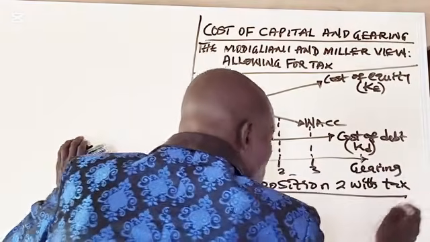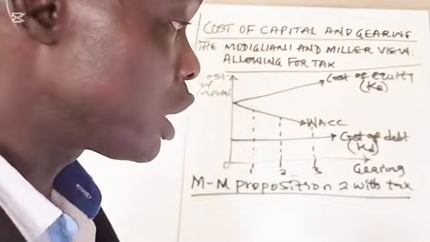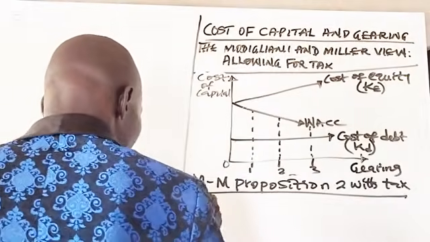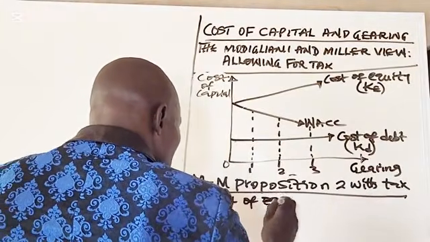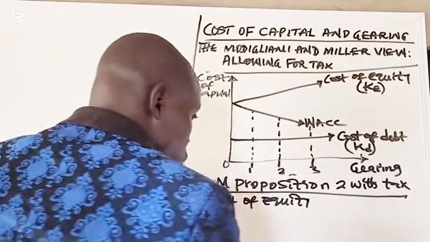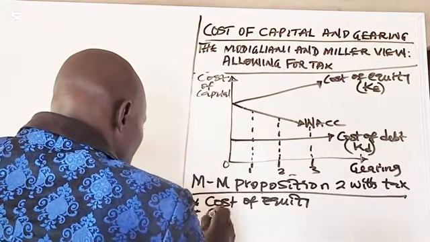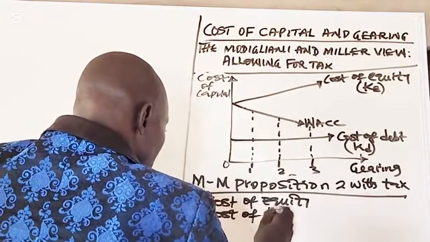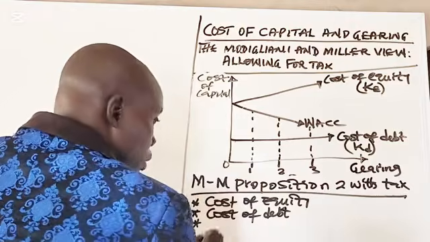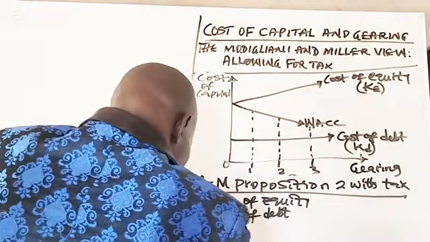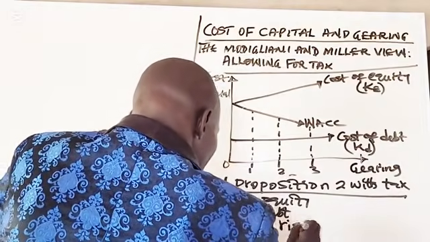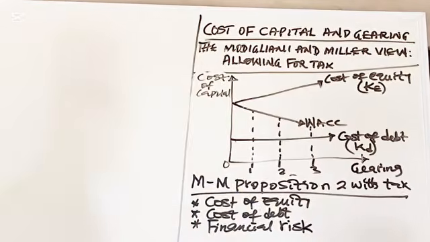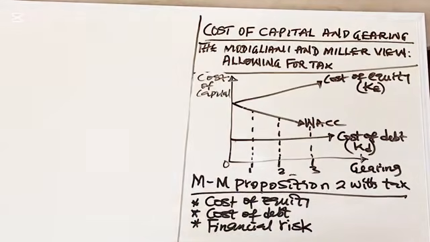M&M Proposition 2 focuses on 3 things. 1, we have cost of equity. 2, cost of debt. 3, we have financial risk. These are the 3 things that M&M Proposition 2 centered on.